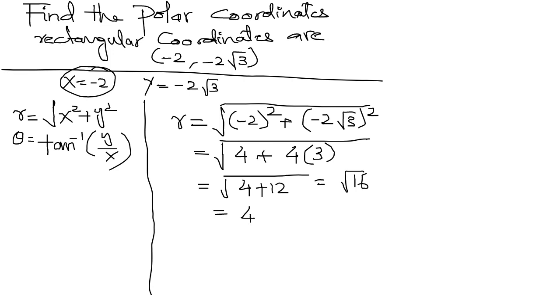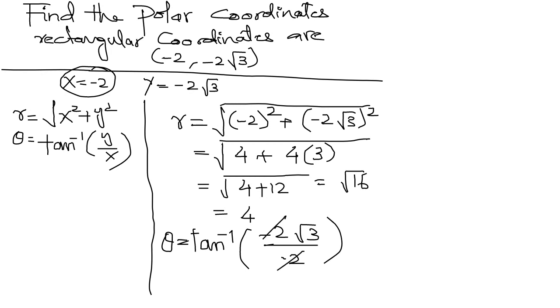Now talk about theta. Theta is equal to tan inverse of y by x. y is minus 2 square root of 3, x is minus 2, so minus 2 and minus 2 cancel, which is equal to tangent inverse of square root of 3.